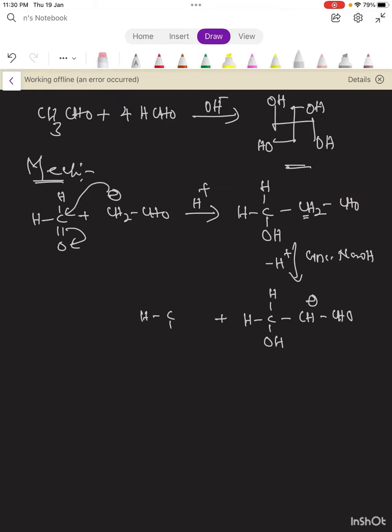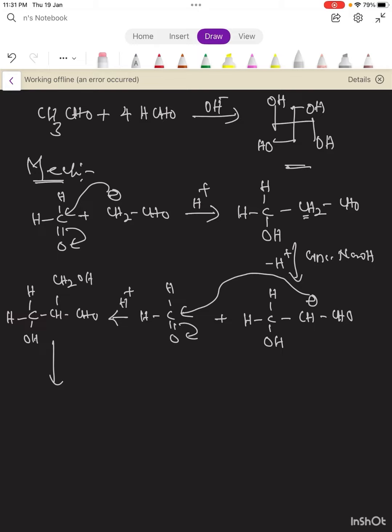This reacts with another mole of formaldehyde. Then we will get this product, of course H plus is added here, CH2OH, CHOH, then CH, CHO, and this CH2OH is present.